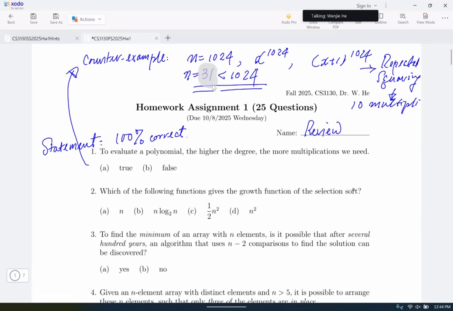Maybe 31 is relatively small. So let me do this. 31. How about 63? 63. Power of 2 minus 1. Yeah. Why do I do this? Yeah, because 63, we use the repeated squaring, binomial exponentiation, right? Yeah. I didn't mention this terminology. Yeah.